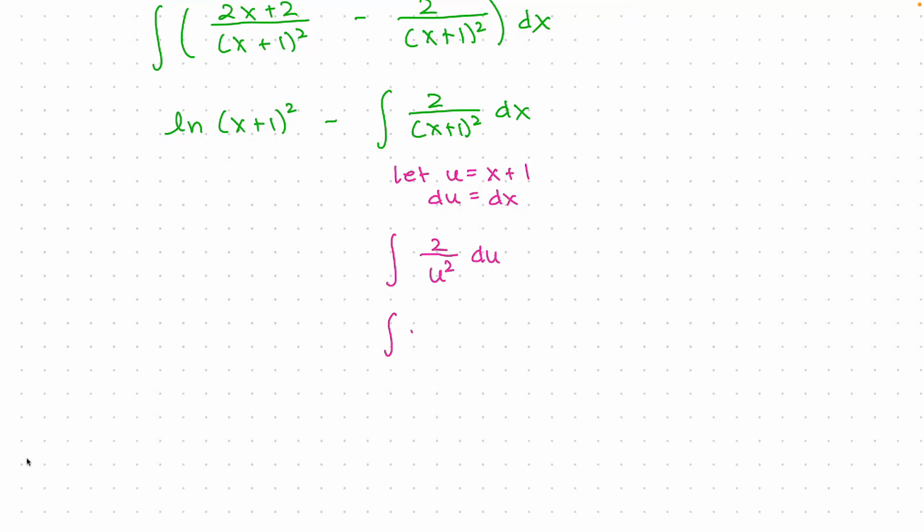This is really the same thing as 2u to the negative 2 du. And remember power rule. We got that too, so I'm just going to bring that out. But the power rule says add 1 to the exponent and divide by the exponent. And then we still have plus c now.